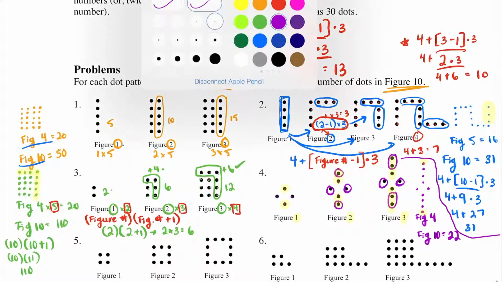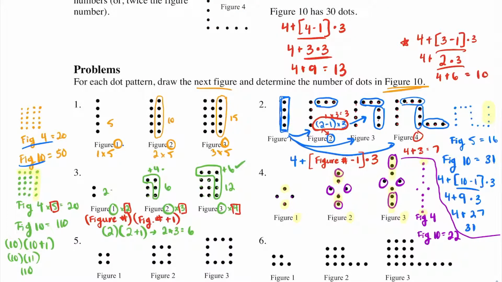Okay, number 5. So number 5, we start with figure 1. We have 4 dots. At figure 2, 1, 2, 3, 4, 5, 6, 7, 8, we have 8 dots. In figure 3, we have 1, 2, 3, 4, 5, 6, 7, 8, 9, 10, 11, 12 dots.